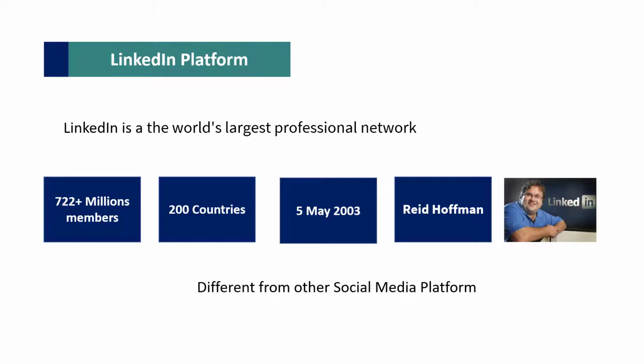So it means there is no scope for sharing your personal stories, your personal events, or your personal connections with others. Here everything works in a professional way. You can share your opinions, your thoughts, your knowledge, and you can write articles on your LinkedIn profile.